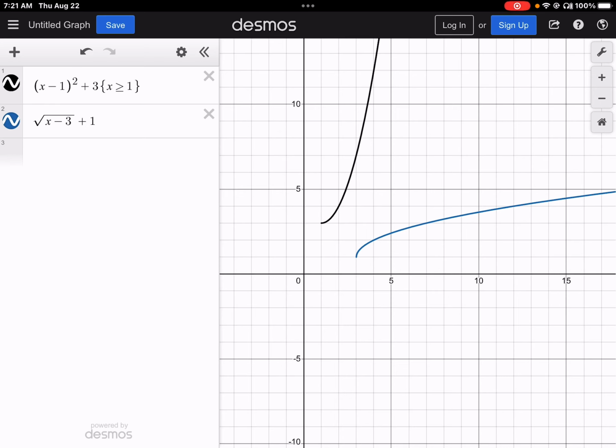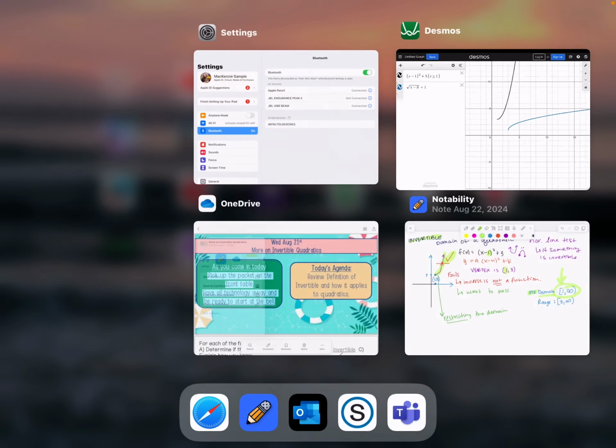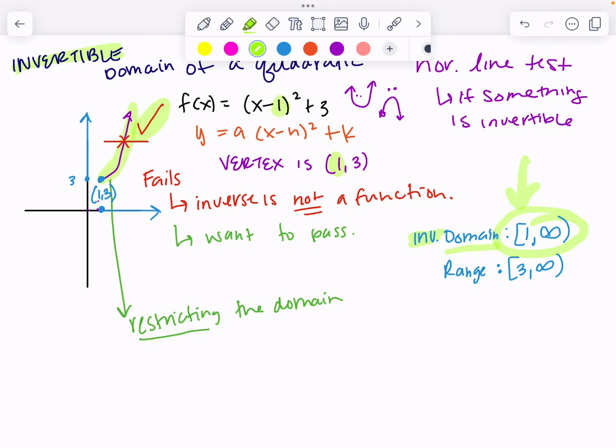So whenever we're using a graphing capability such as Desmos or your calculator, it's always going to give us the function. And the function for a square root is just this top half. And that comes from that invertible half of your quadratic. So they're already related together. And that is what we're looking at here.